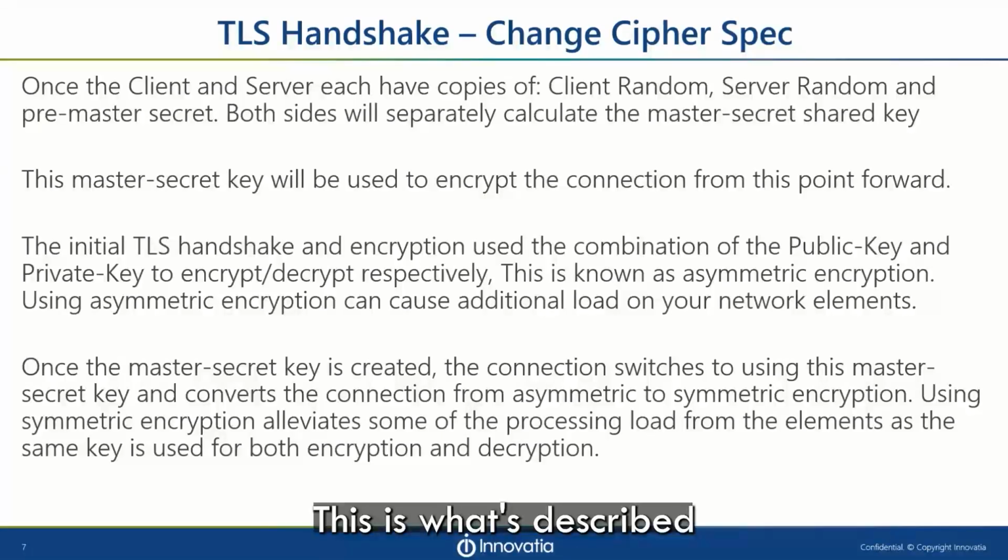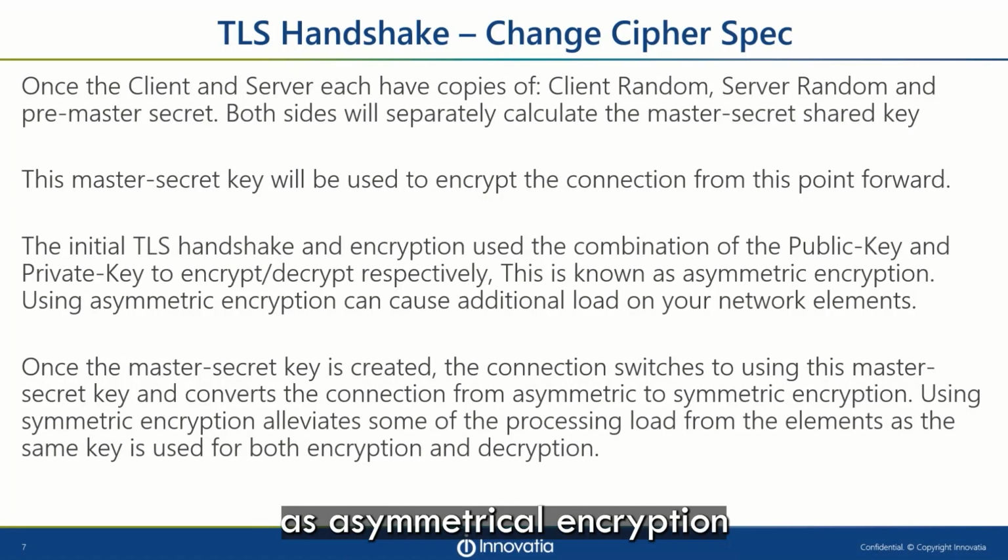This is what's described as asymmetrical encryption, where you are using 2 different keys to either encrypt or decrypt. In our particular case, the public key is only used in one direction. It's only used for encrypting traffic. But the server can then use a different key, the private key, to decrypt that traffic.